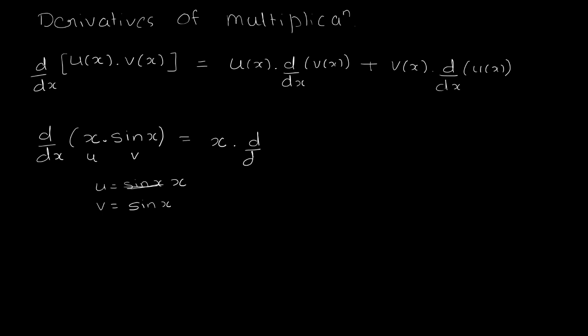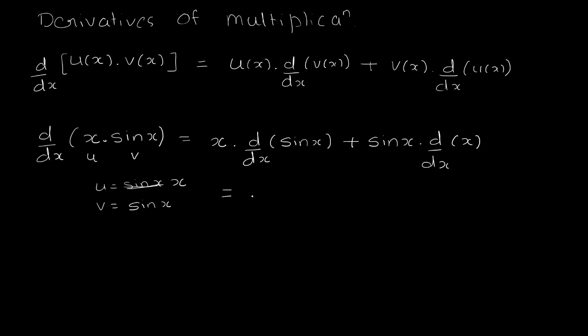Now what remains? d by dx of v of x. v of x is what? Sine of x, plus what has to come here? v of x, v of x as it is, that is sine of x, into the derivative of u of x. u of x is x.